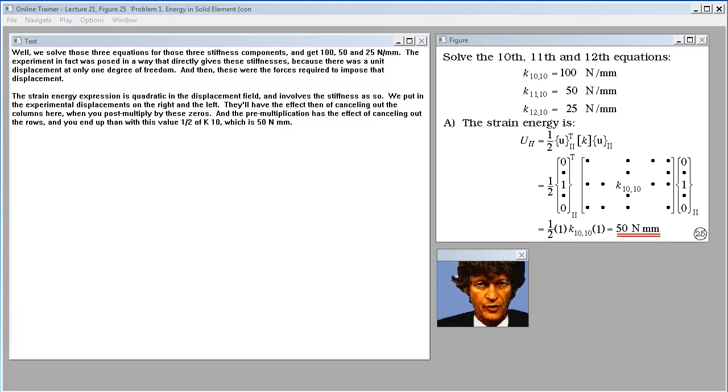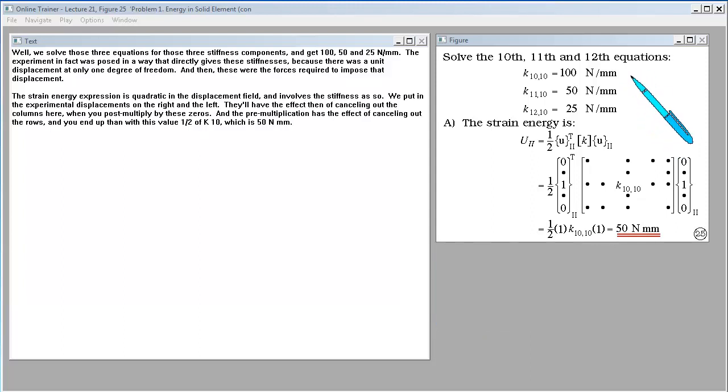Well, we solve those 3 equations for those 3 stiffness components and get 100, 50, and 25 newtons per millimeter. The experiment, in fact, was posed in a way that directly gives these stiffnesses because there was a unit displacement at only 1 degree of freedom, and then these were the forces required to impose that displacement.